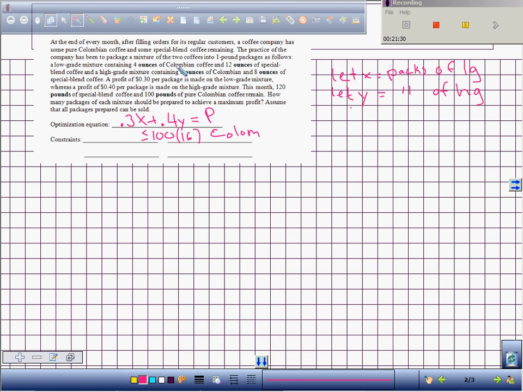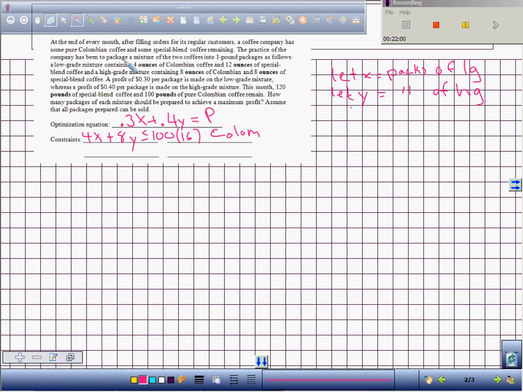And so the first mixture uses how much Colombian? 4 ounces of Colombian. So it uses 4X, and the second mixture uses 8 ounces of Colombian. So that's plus 8Y.